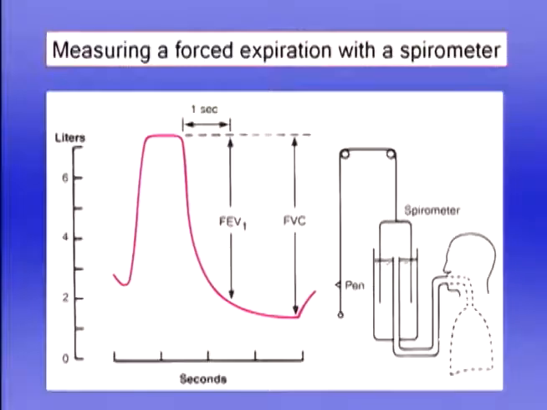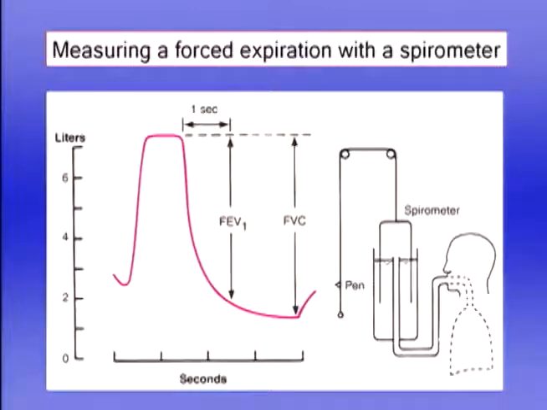Now, one of the most important tests in pulmonary function is a forced expiration, as shown here. It's shown actually using a spirometer, although these days we use electronic equipment, but this is a useful way of demonstrating what happens. The subject takes an inspiration to total lung capacity and then breathes out as hard and as far as he can.